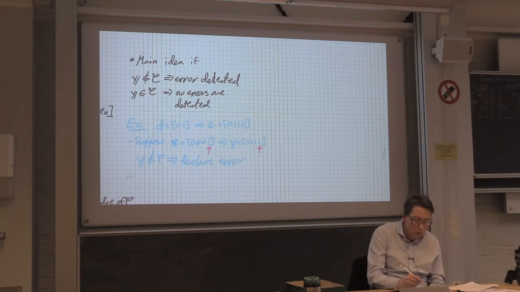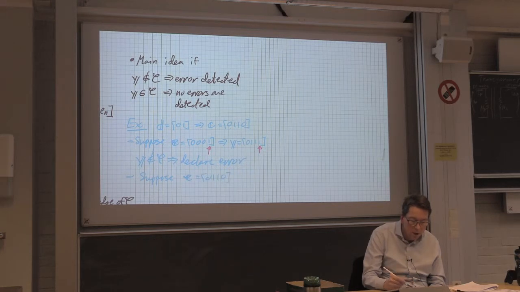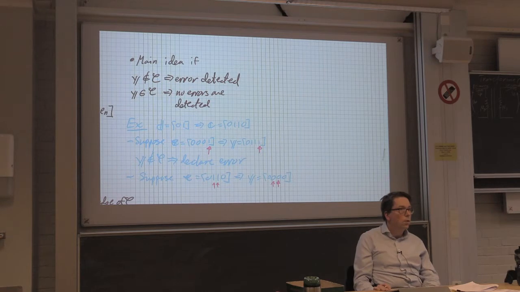Okay. Now suppose that the error pattern is 0, 1, 1, 0 instead, which means that the output y is 0, 0, 0, 0, right? The errors occurred here. Okay. Is y, 0, 0, 0, 0, a code word?